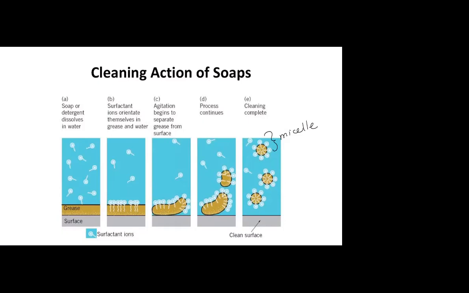And in order to complete the cleaning of that surface, micelles, which are structures that have a polar head and the non-polar tails interacting with the grease, are going to solubilize that grease, and that is going to be removed from the surface that you're cleaning.